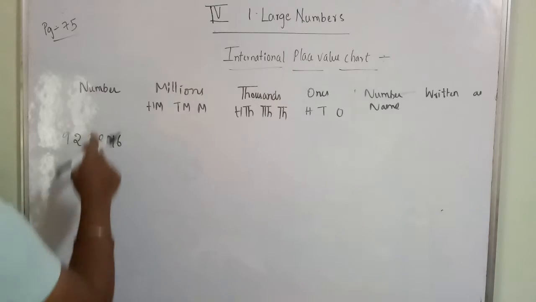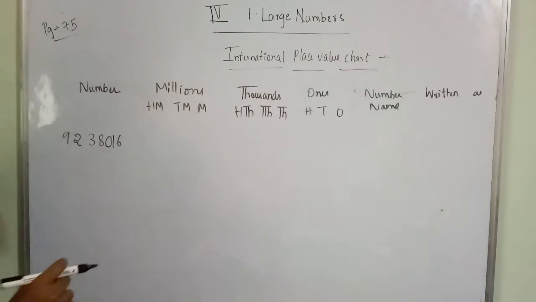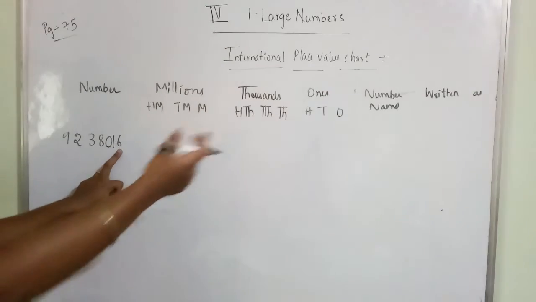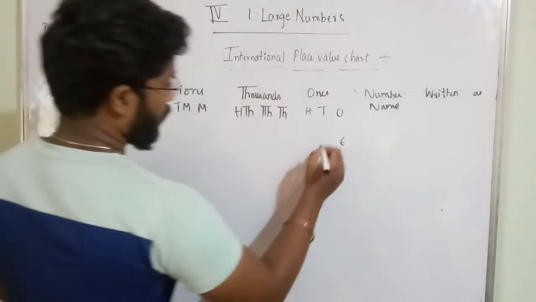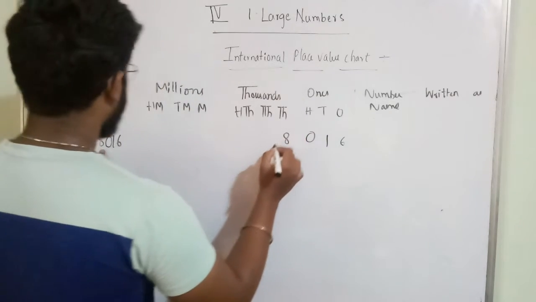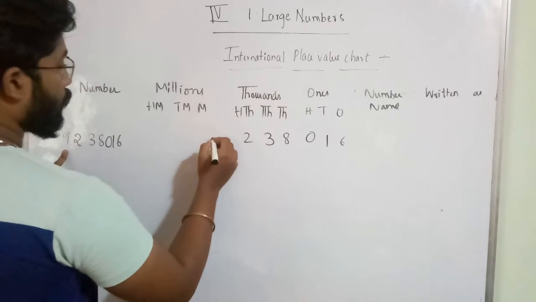If you want to arrange this under the periods and place values, what you have to do? You have to start writing the last digit from the ones place: 6 1 0 8 3 2 9.